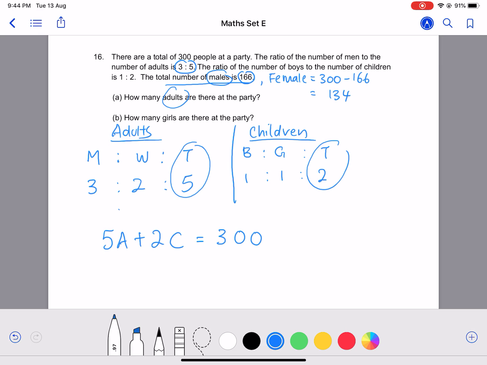Okay, now I'm going to continue with the girls first, since I know the girl is 134, right? Now girls, adults makes up 2 adults.